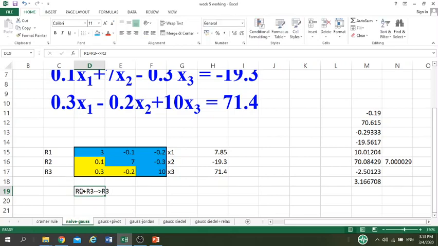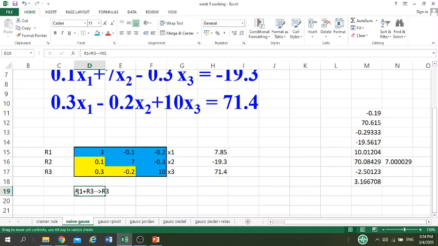We have to put a certain coefficient on row 1, so that when it adds up with row 3, the 0.3 currently in row 3 becomes 0.